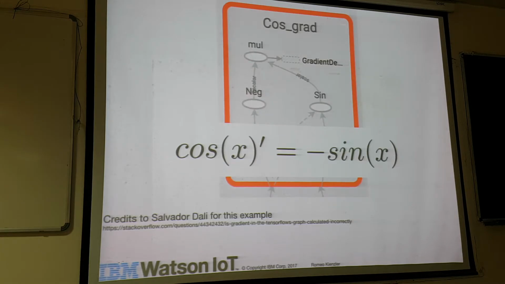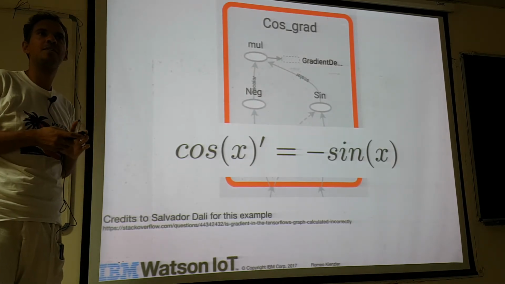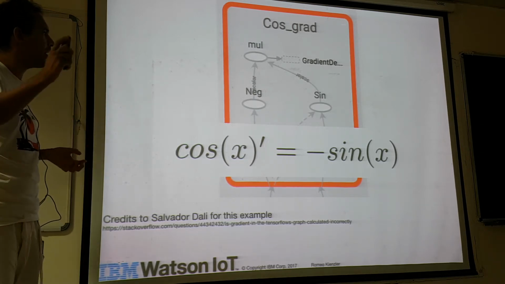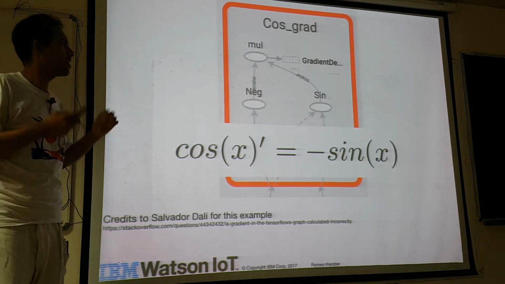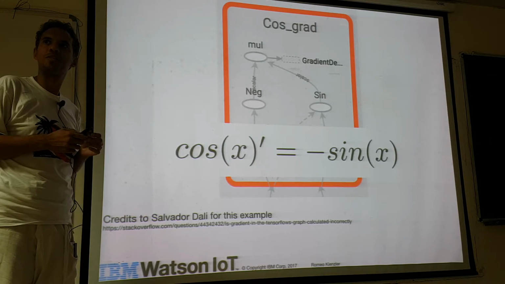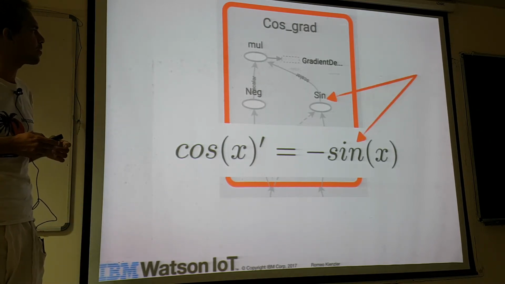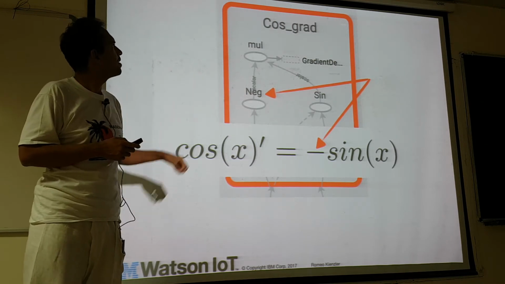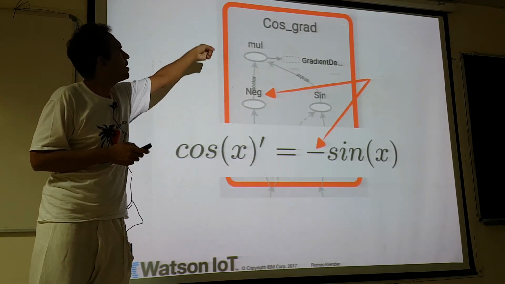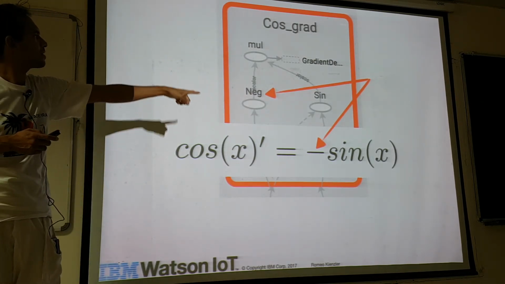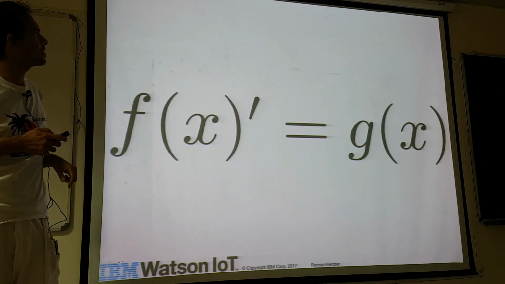And the way this is done in TensorFlow is that each operation, so each node in the graph, has to register its first derivative function. And here in that case it's minus sine of x. So this node here is the gradient of cosine, and this is minus sine of x.